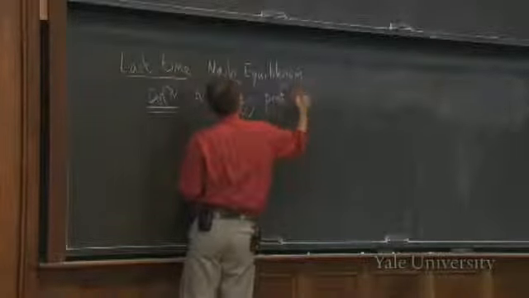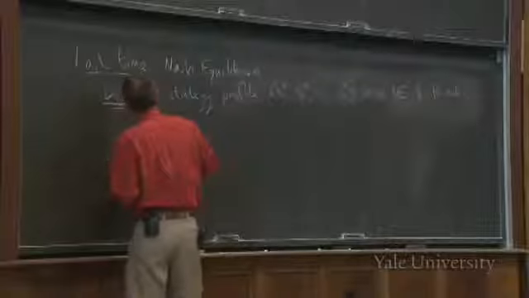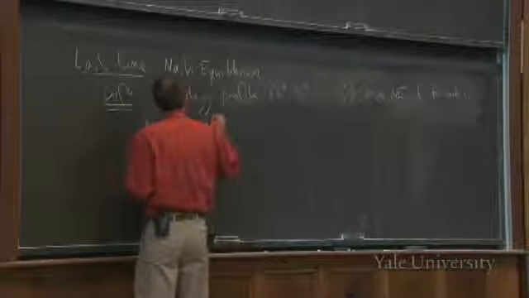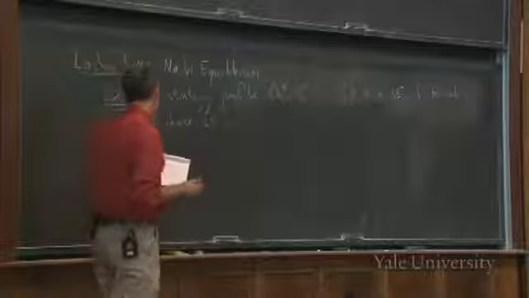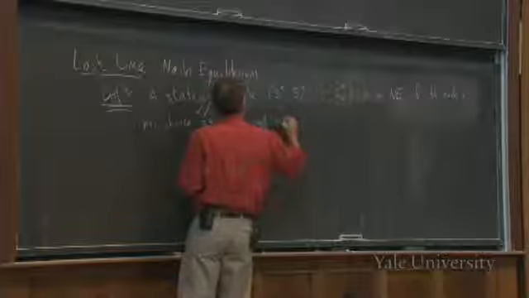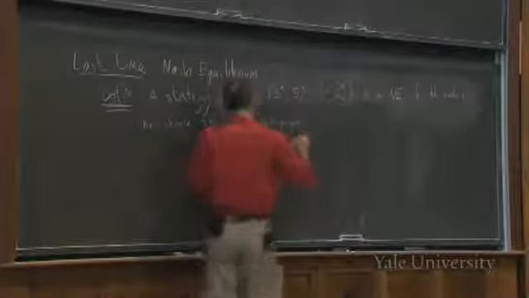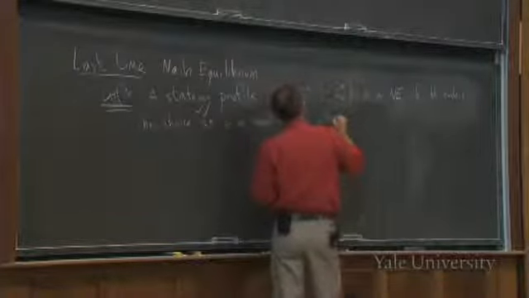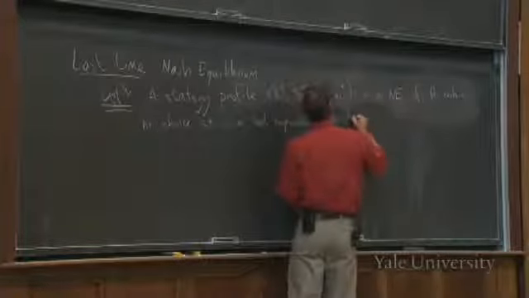So this profile is a Nash equilibrium, and I'm just going to write NE in this class for Nash equilibrium from now on, if for each player I, her choice, so her choice here is Si star, that's I's part of that profile, is a best response to the other players' choices.